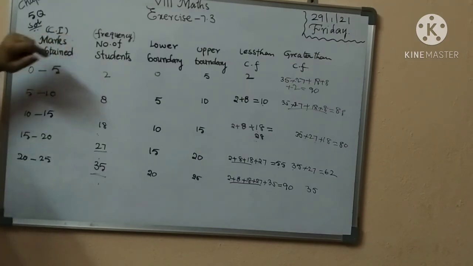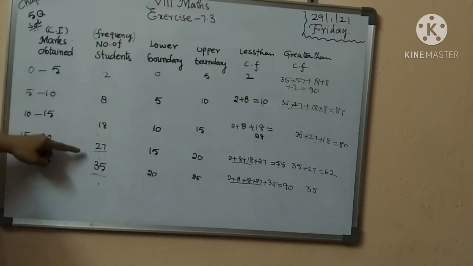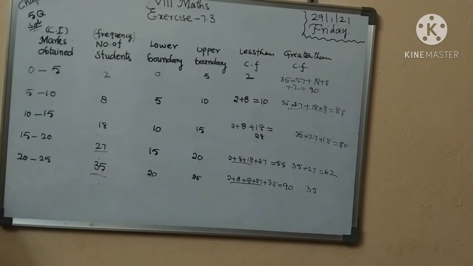Next one is the frequency, the number of students: 2, 8, 18, 27 and 35. So the lower boundary: how to take the lower boundary? In the given class intervals, the left side values are the lower boundaries and the right side values are the upper boundaries. Then the less than cumulative frequency and greater than cumulative frequency.